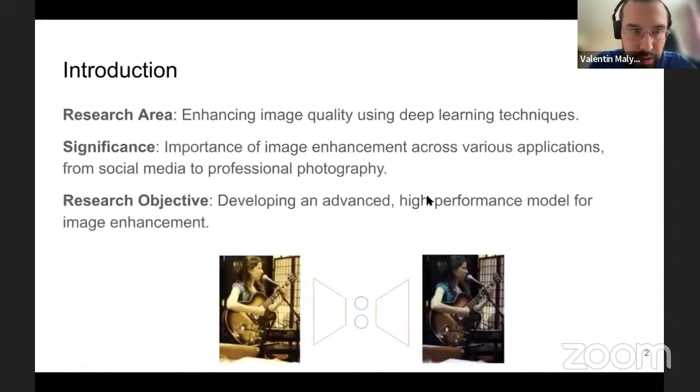Let me start. So first of all, what is image enhancement? Because it needs to be described first.